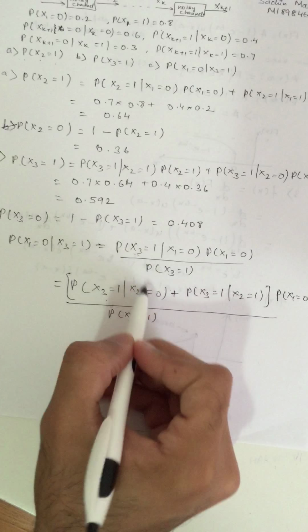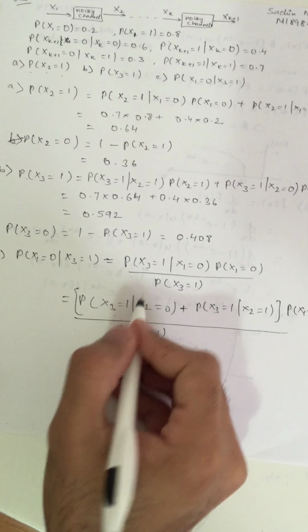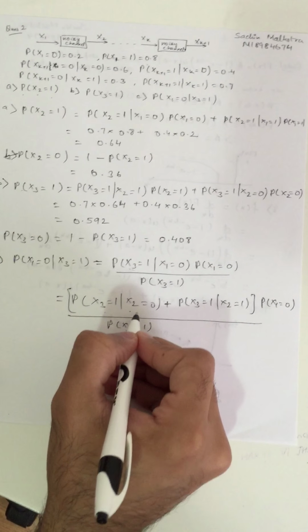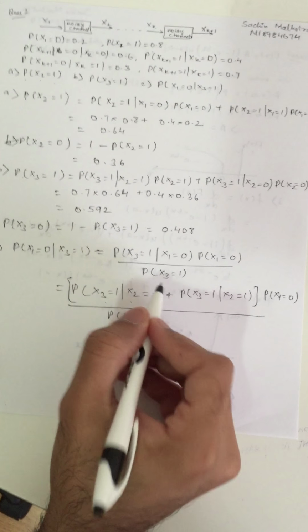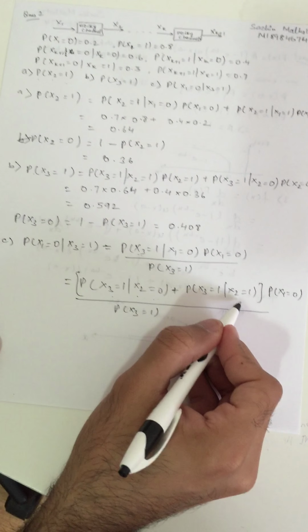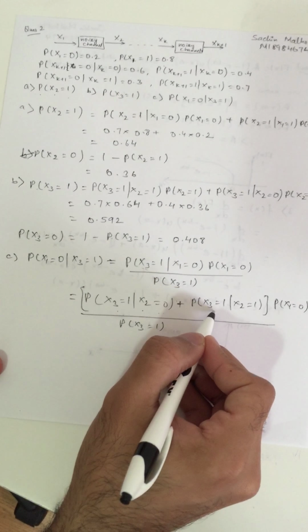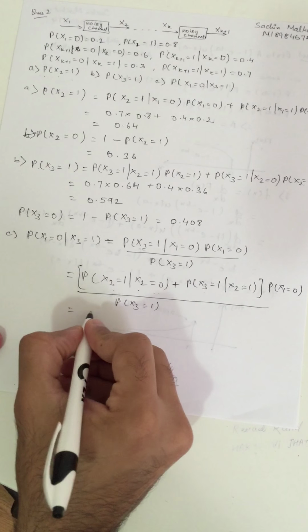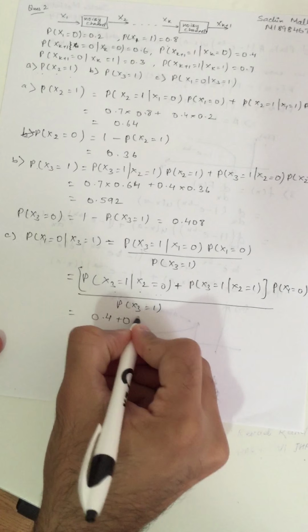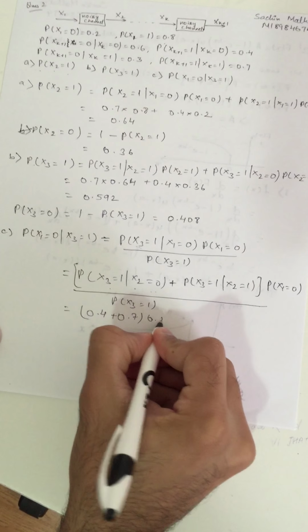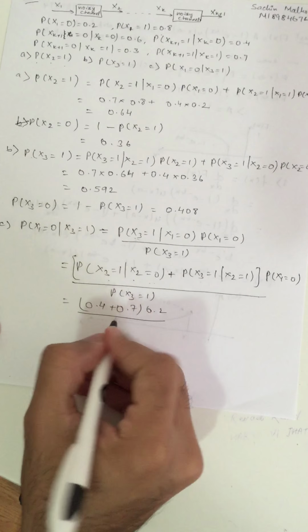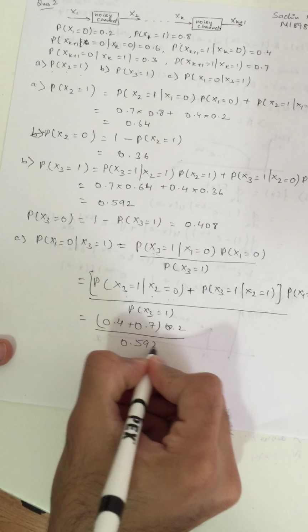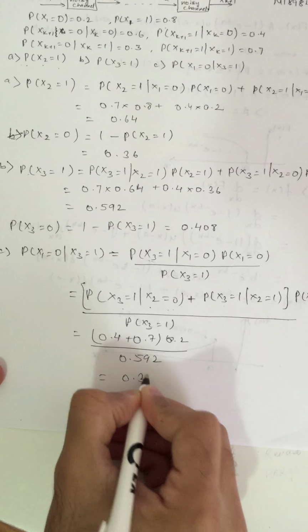Now we have sorted this equation: P of X3 equal to 1 given that X1 equal to 0 means either X2 sends 0 or X2 sends 1, and the output at X3 equals 1. So putting in the values, we have 0.4 plus 0.7 into 0.2 upon this value we found out in the last problem, which was 0.592. This equals 0.37.